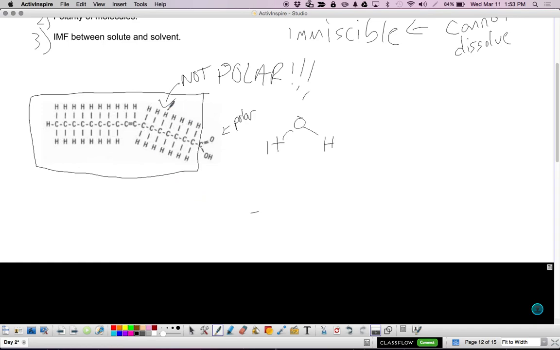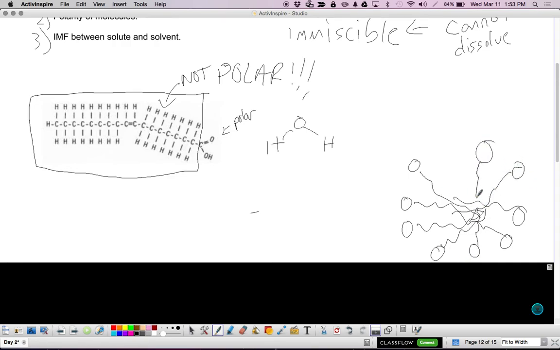So what'll happen is you'll get a bunch of these that form micelles, or lipid bilayers, where you have a fatty end that all points into the middle, where the nonpolar tails can be around, and these polar carboxyl groups all sit on the outside where they can interact with the water. But anyway, oil and water, not miscible, or immiscible.